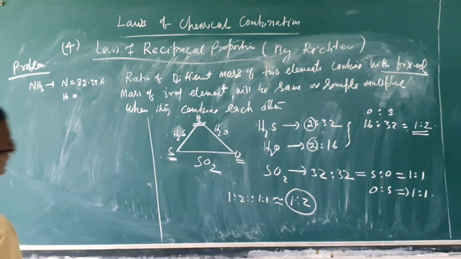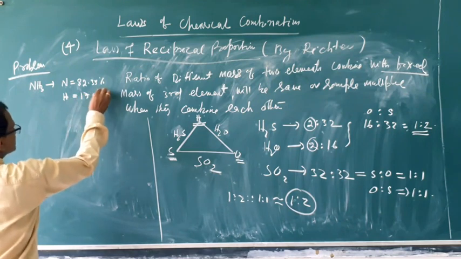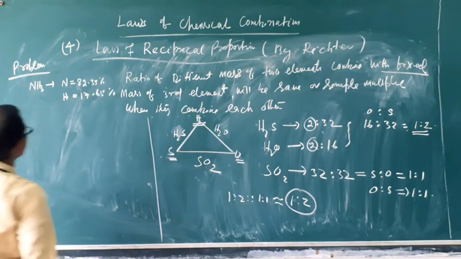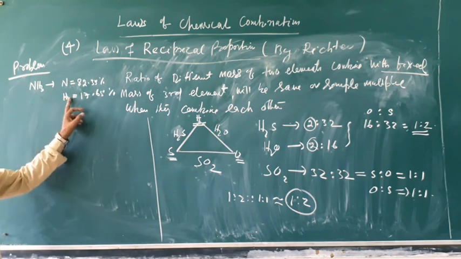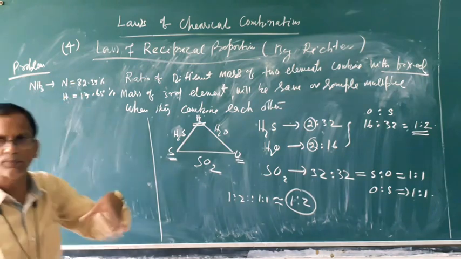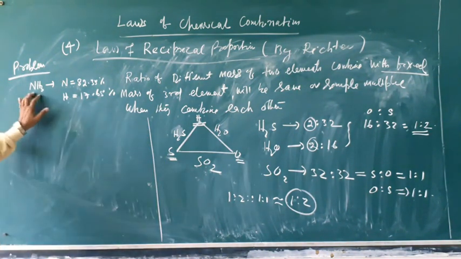Remaining, 100 minus this, 17.65. Okay. Sometimes in a question one percentage is given and the other percentage is not given. For the other percentage you have to calculate by deducting from 100. Very important.